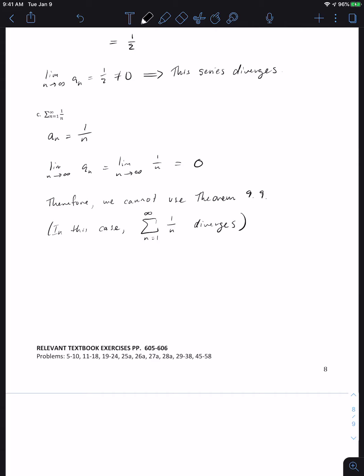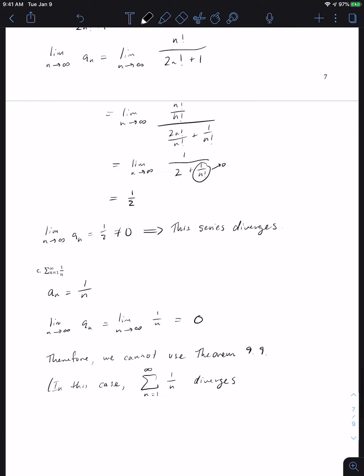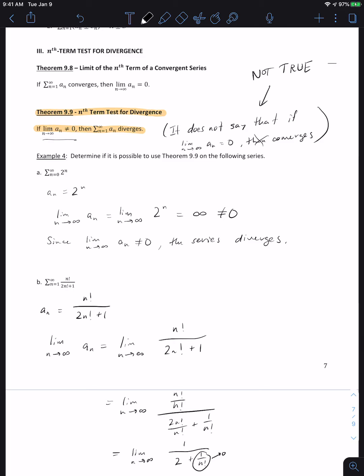So this is a case where the limit of the terms we're adding up goes to 0, but the series still diverges. This is the nice counterexample to help you remember that the only time we can use this is when the limit is not equal to 0. That's why it's called the test for divergence.